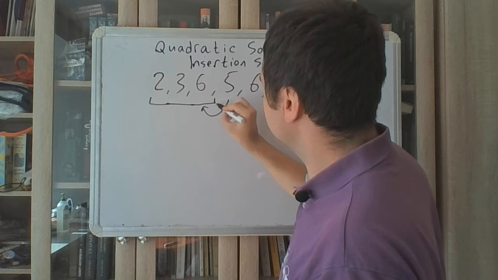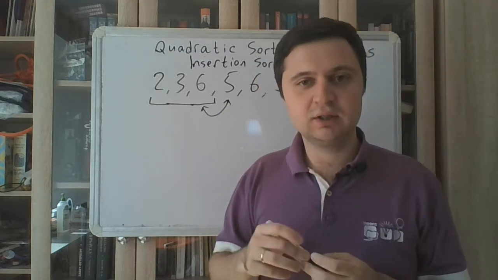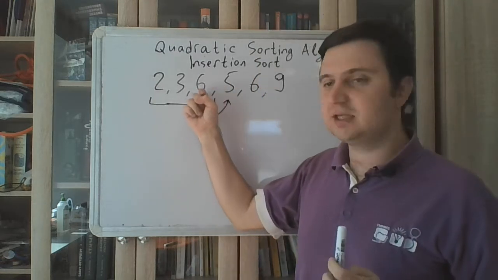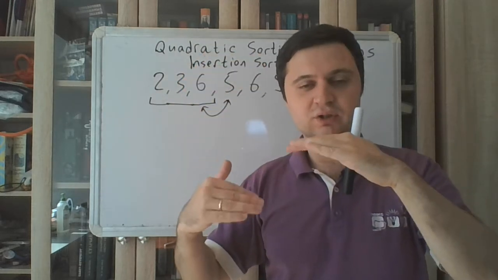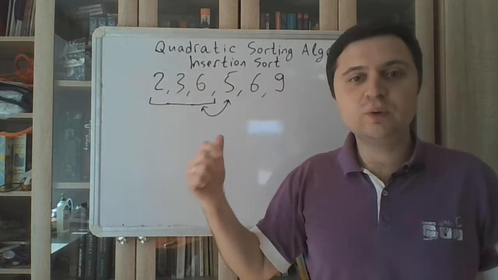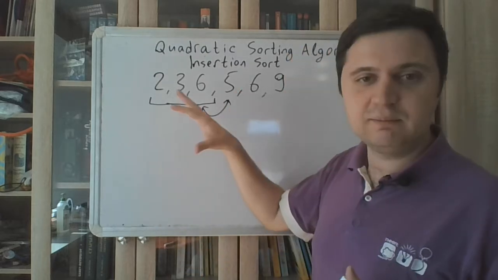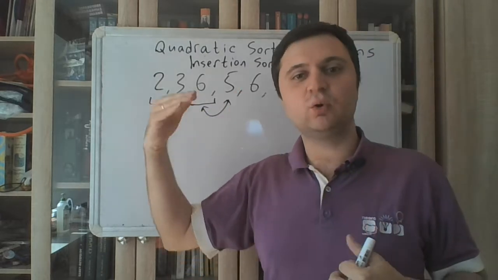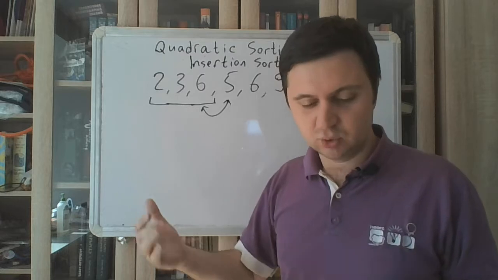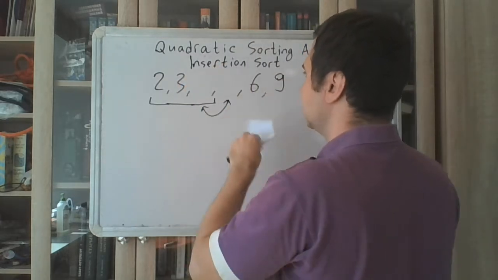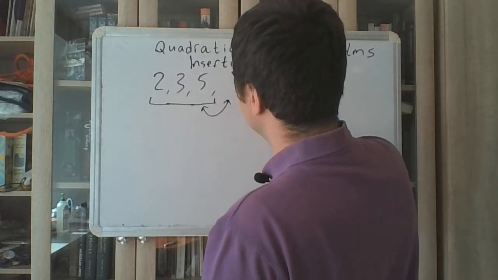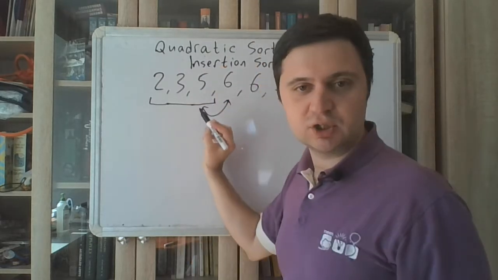So we consider the 5 and the previous element. If they are already in the correct non-decreasing order, we just stop because the 5 came to its place. But if the order is bad, then we have to continue. And the continuation is just swapping these 2 elements and continuing to move the 5 from this position.